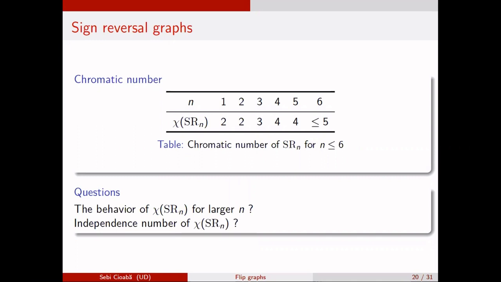And then we have a theoretical proof that for 3 and 4, the chromatic number is 4, and I think the same thing for 5. And then you have an upper bound of 5 when n equals 6. So we don't know much more about this behavior of the chromatic number or the independence number. So we didn't go much further than this.